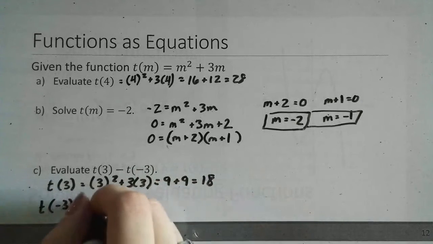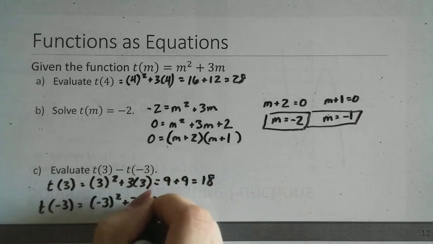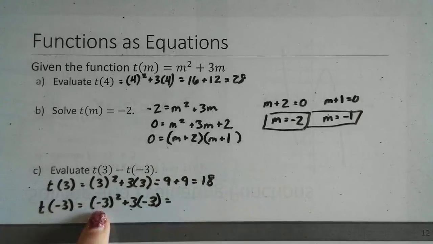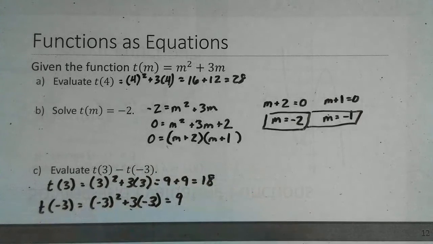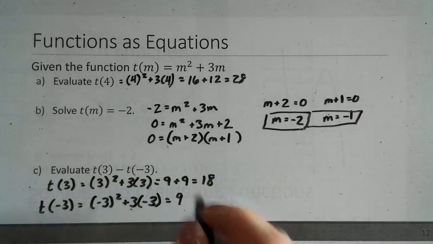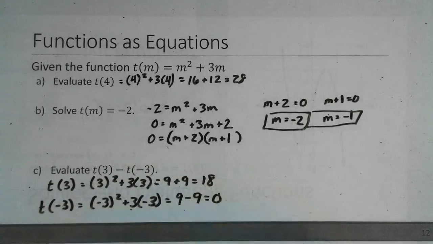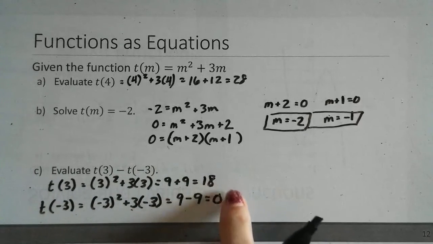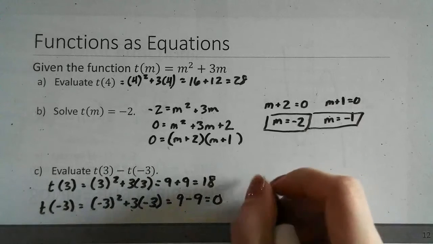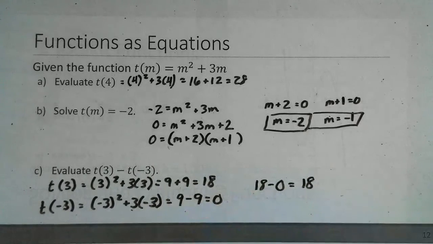T of -3 will be -3 squared plus 3 times -3. -3 squared is -3 times -3, which is a +9. And 3 times -3 is a -9. And 9 minus 9 is 0. So if I plug in what I got for t of 3 and t of -3, I get 18 minus 0, which is 18.